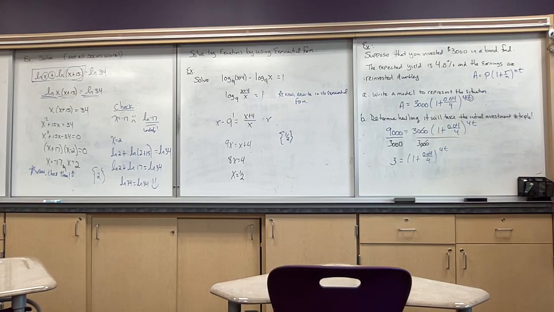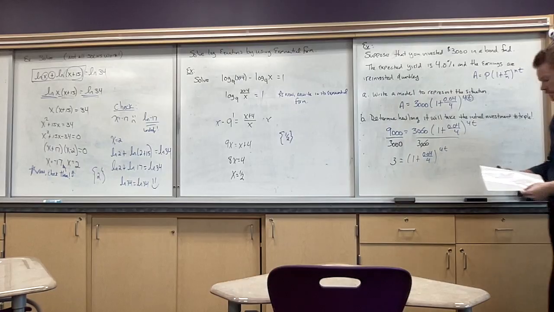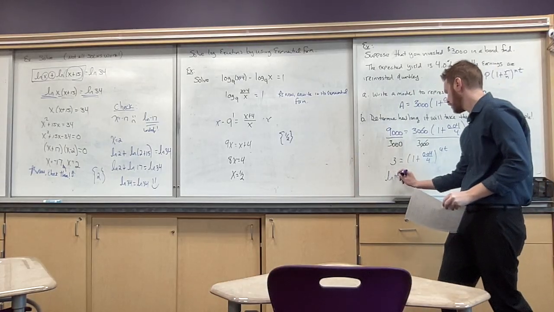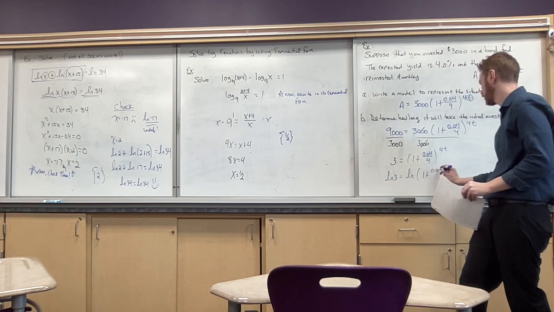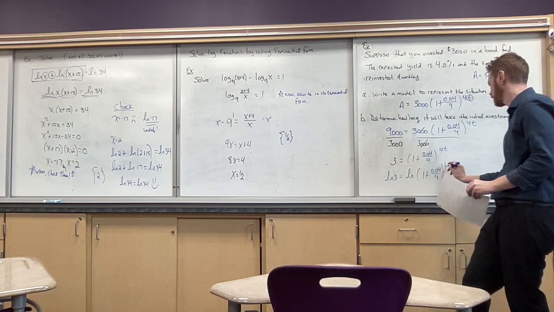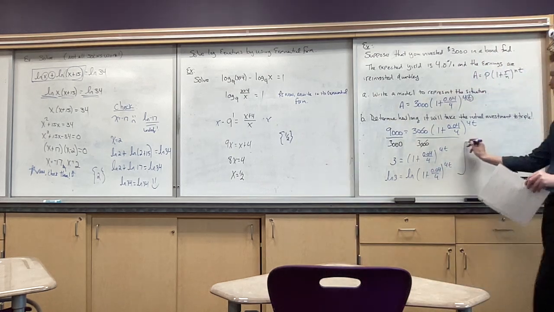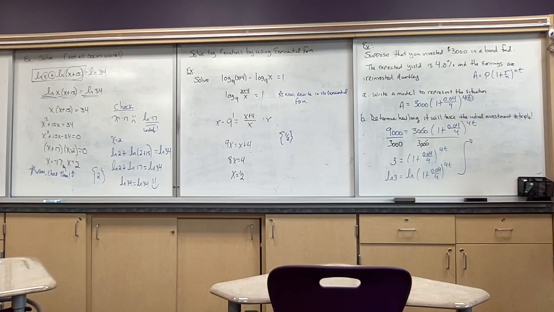Now, next I would take some log to both sides, right? And again, my preference is natural log because I think it's easier to work with. So I'm going to take the natural log to both sides. So this would be the natural log of 3 equals the natural log of all this stuff. Again, running out of space.